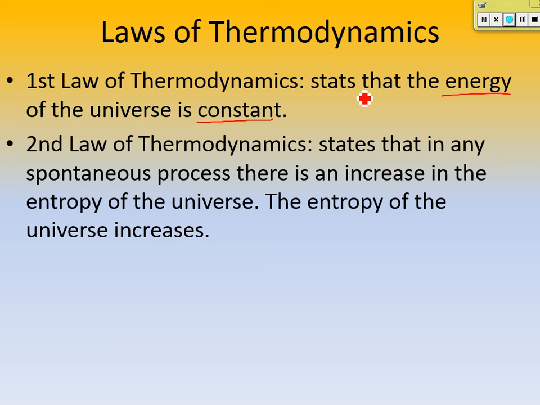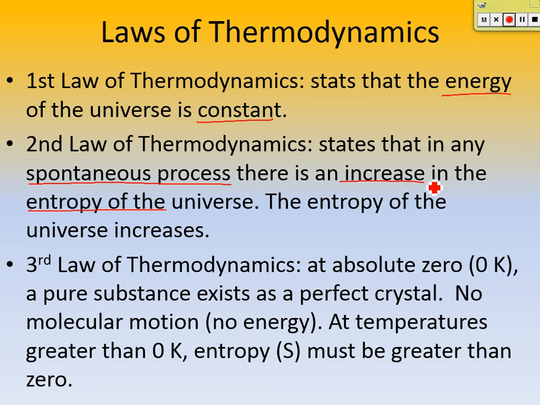The entropy of the universe will always increase if it is a spontaneous process. So as time goes on, the universe is getting more and more disordered, because that's just the natural state of things. It tends to form disorder.